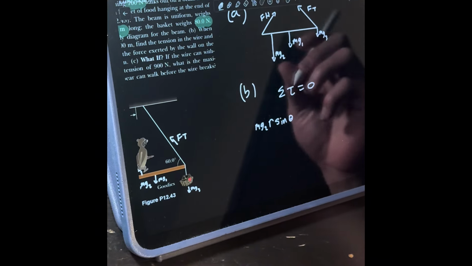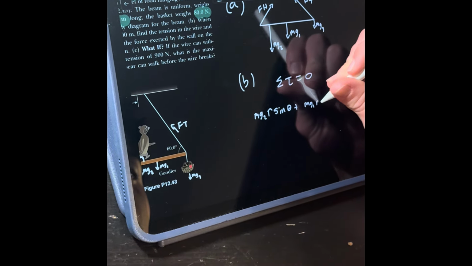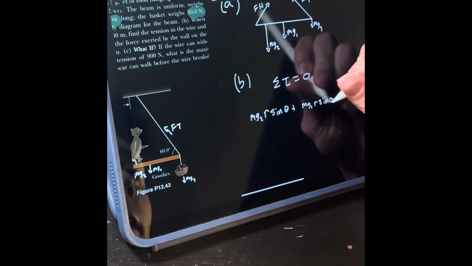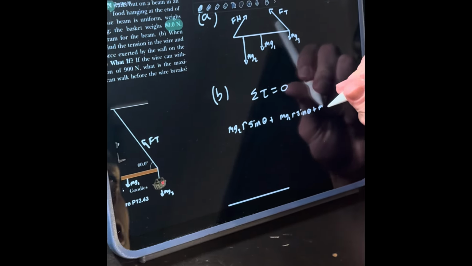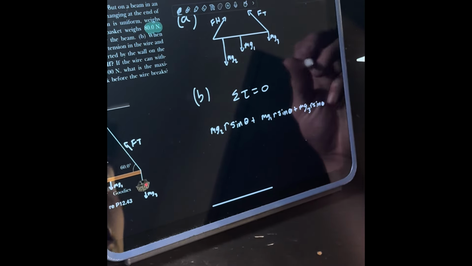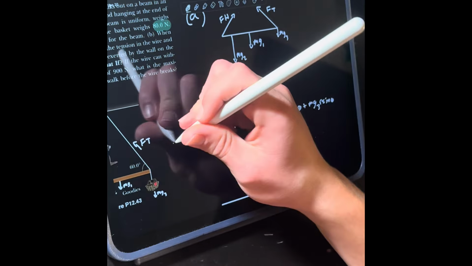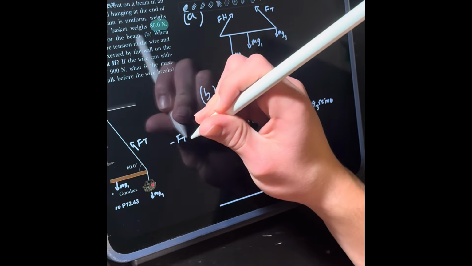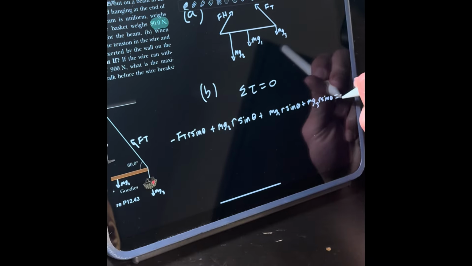So mg2 r sine theta is positive, plus mg1 r sine theta is positive, plus mg3 r sine theta, and then I'll just write over here where it's negative, force tension r sine theta.